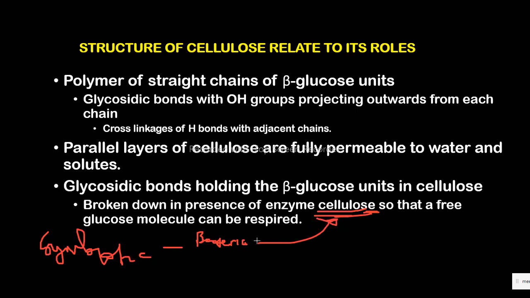And this enzyme will digest the cellulose into glucose. Then the glucose will be absorbed and taken to the respiring tissues for respiration. And then you see your cow gaining some weight, and you say, yeah, my cow is fat. Yes, that's brilliant work.